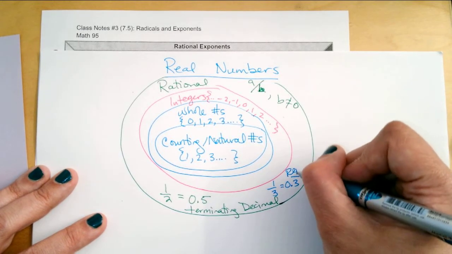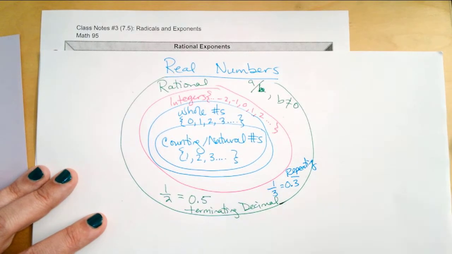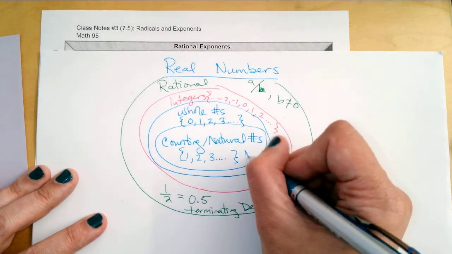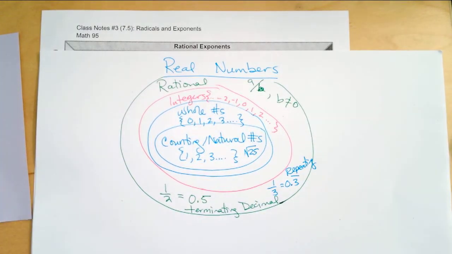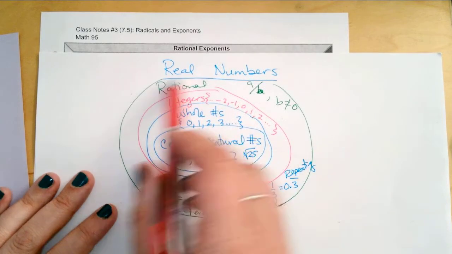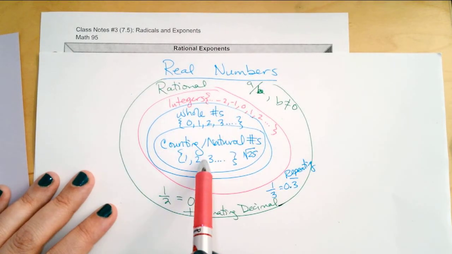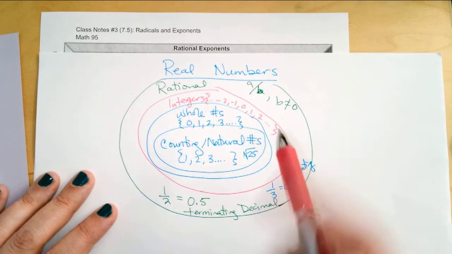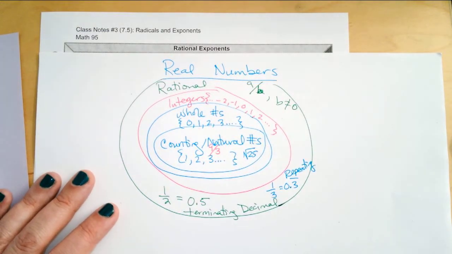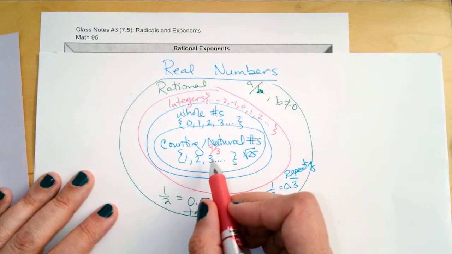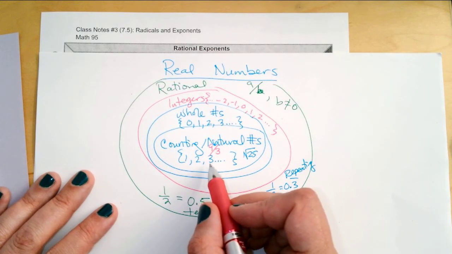So all repeating and terminating, and even, by the way, something like the square root of 25. Why is the square root of 25 considered a natural number? Because it's 5, and 5 is a counting number or a natural number. So these are all very nice and rational. Actually, all of the counting numbers are rational numbers, because even if I took something like 9 and divided it by 3, 9 divides by 3 three times. So that's the same thing as 3.